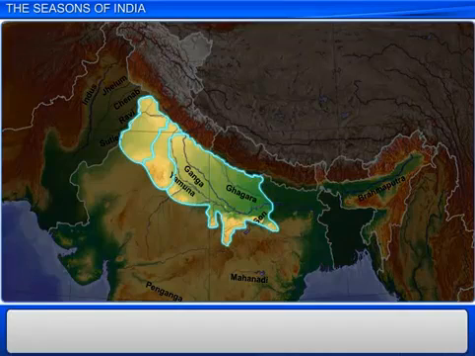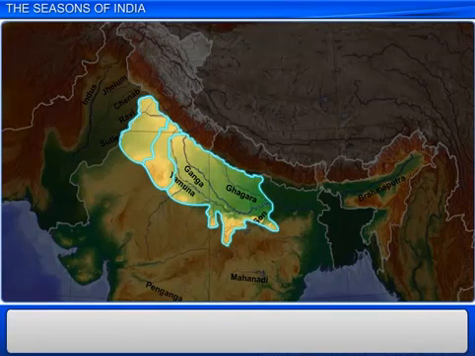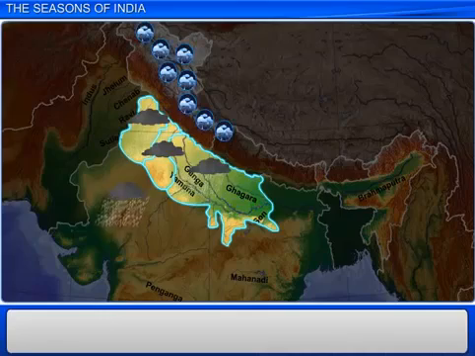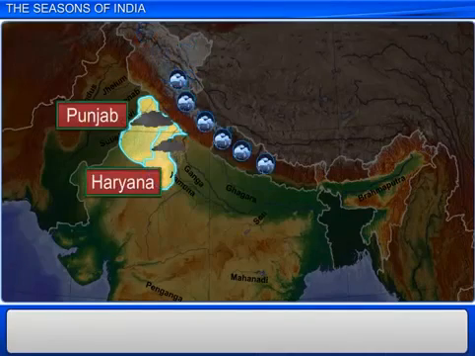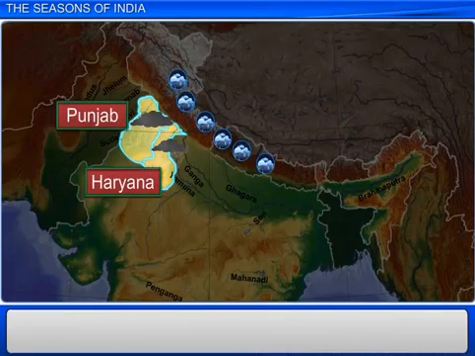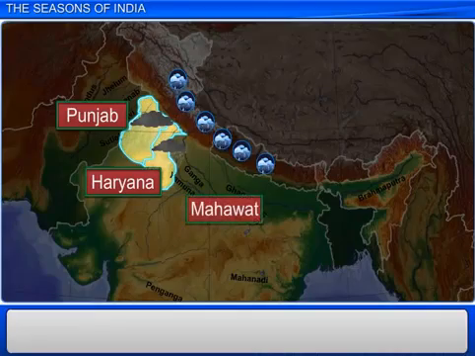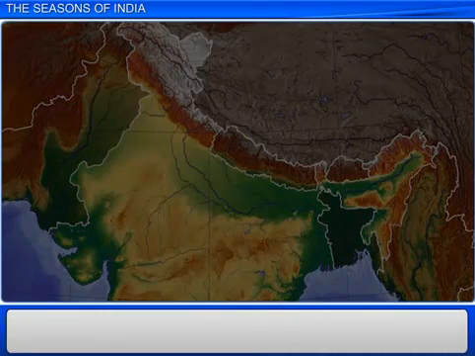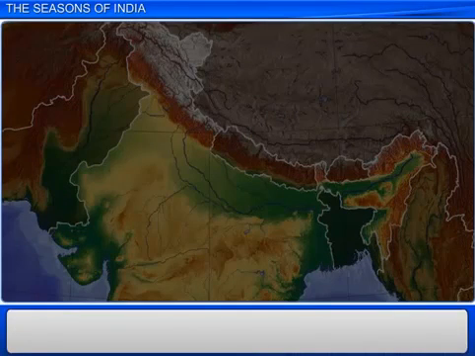Along with the westerly flow, they move into India, causing much-needed winter rains over the plains and snowfall in the mountains. The winter rainfall is locally known as Mahavat. Though the total rainfall in winter is low, it is immensely important for the cultivation of the Rabi crop.